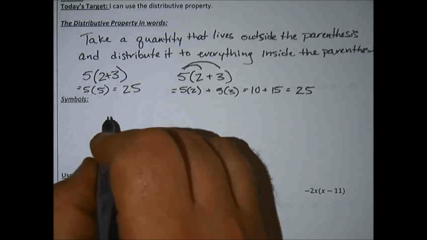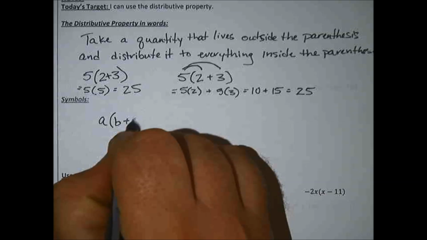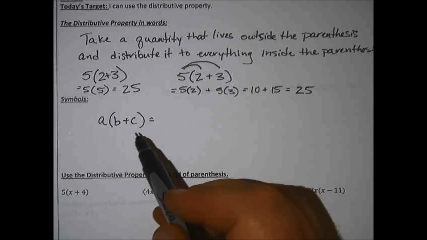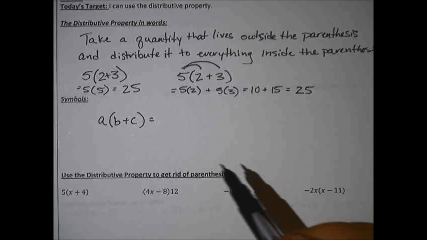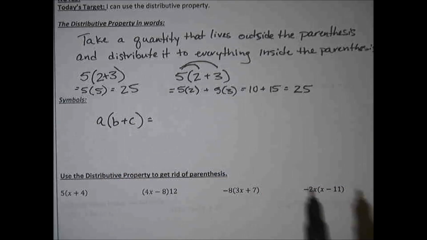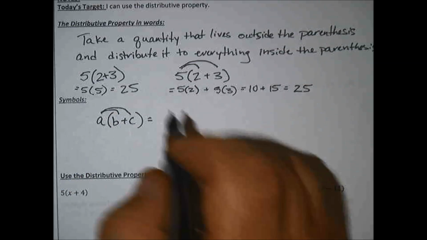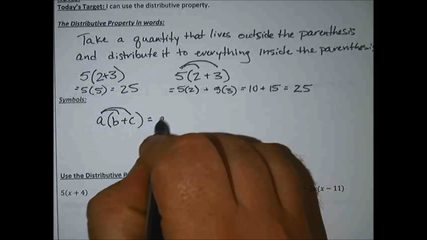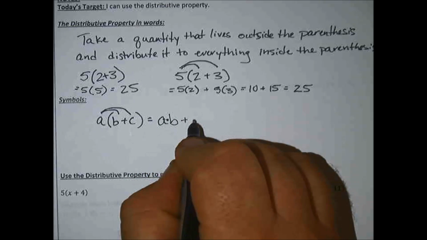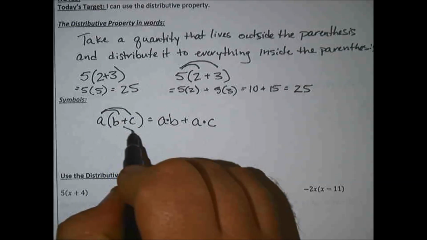So what we're looking at here, symbols wise, let's say we have A times the quantity B plus C. Anytime you hear me talk about things in parentheses, I use the quantity of something. So here, the quantity of B plus C. Well, I'm going to distribute that A into the B and into the C. And we're going to be left with A times B plus A times C. The plus comes from right here.